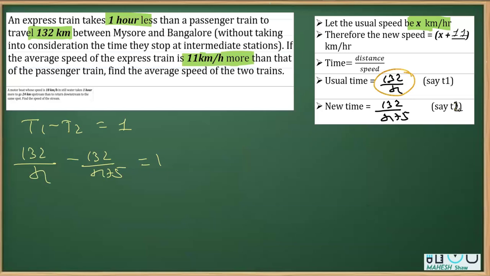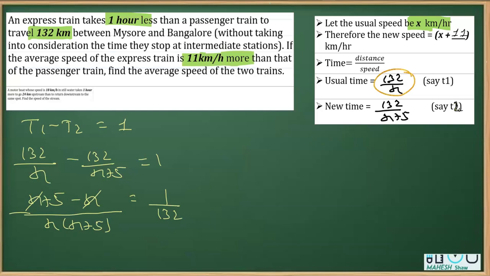Now I'll take LCM here and we'll transpose 132 to the other side. The LCM comes out to be x multiplied by x plus 5, because we have taken 132 common, so on the other side it is 1 only.